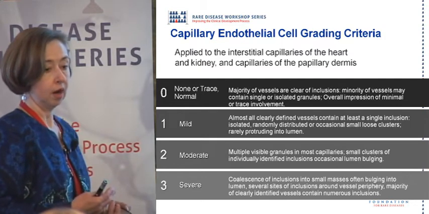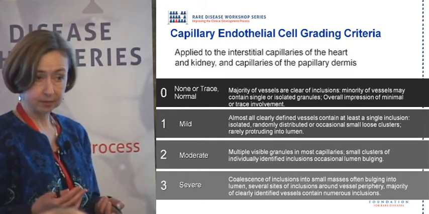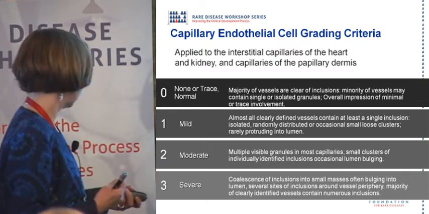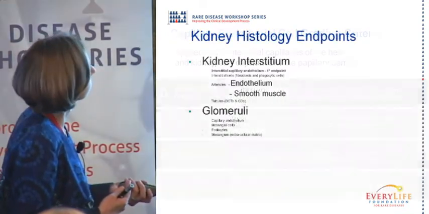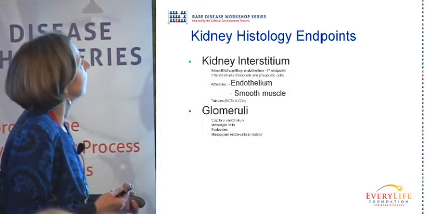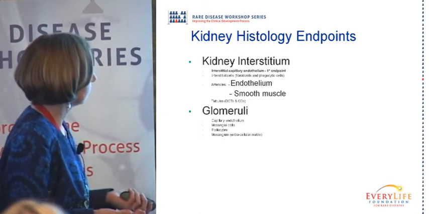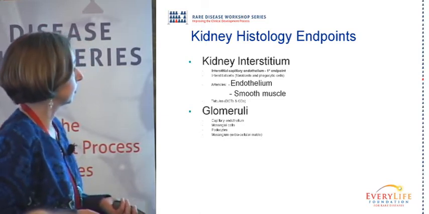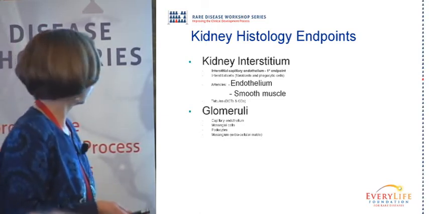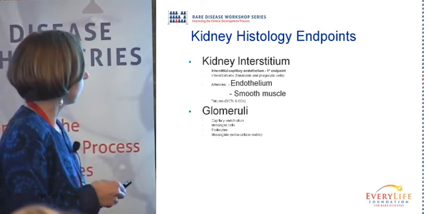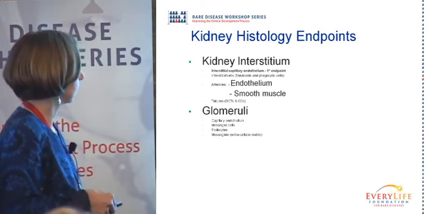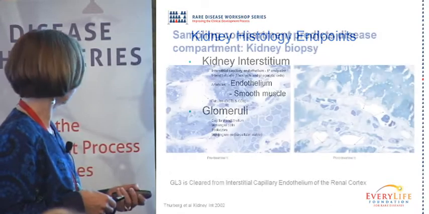And there were also images, representative images, which represented each of these scales. These were the endpoints for the kidney. As I said, the interstitial capillary endothelium was the primary endpoint, but we also examined clearance from these other cells as well.